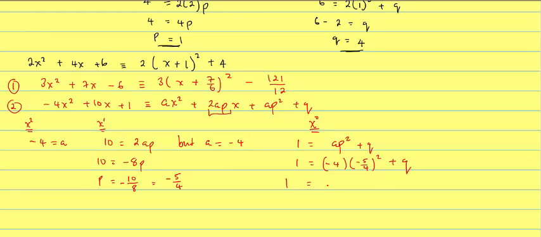So 1 will be equal to negative 4 multiplied by 25 over 16 plus q, so that we have 1 being equal to q minus 25 over 4.